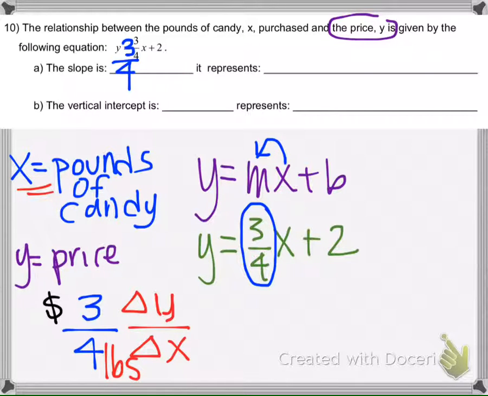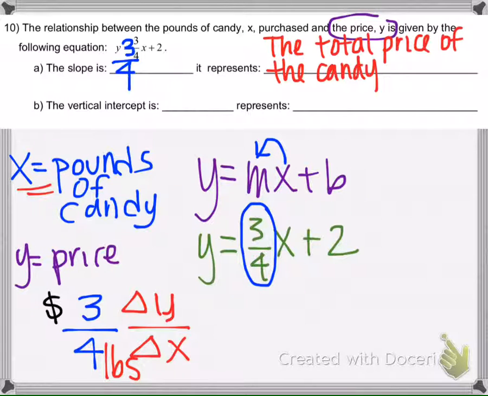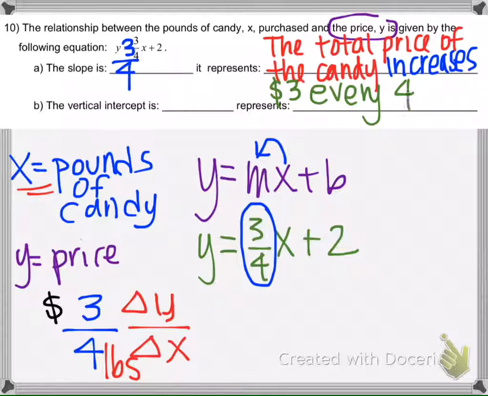So to explain what this represents, I would say the price, and then it's positive, so we need to say increases $3 every 4 pounds. So the total amount you're spending goes up 3 every 4 pounds of candy you decide to buy.